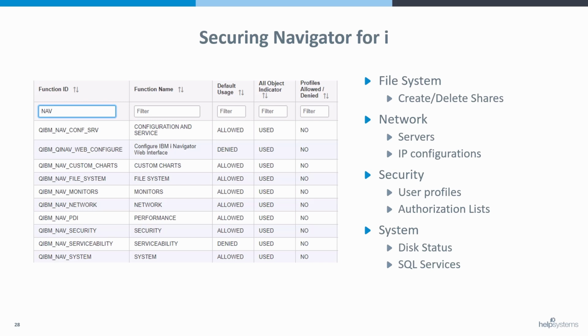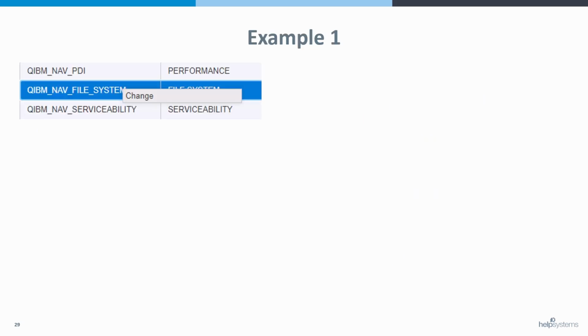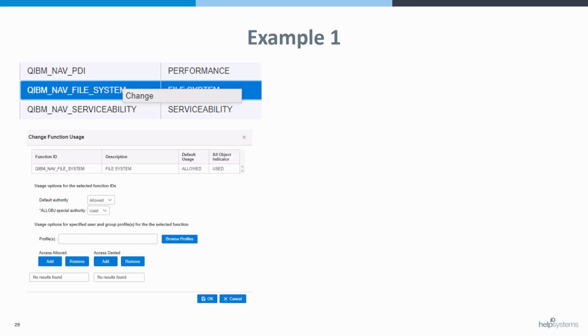So as an example, we're going to restrict access to the file system. From the function usage list, you would right-click on Nav File System and select Change. That will bring up an additional screen where you can browse for the profiles.